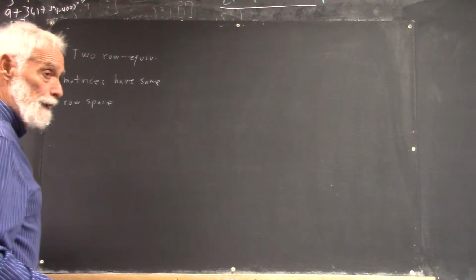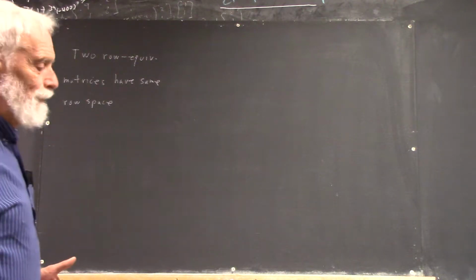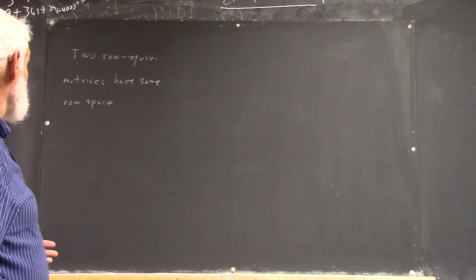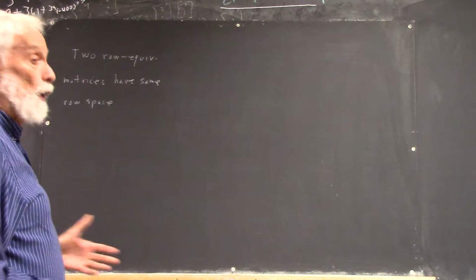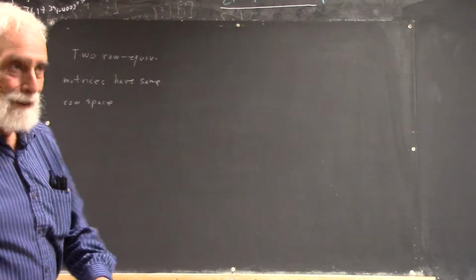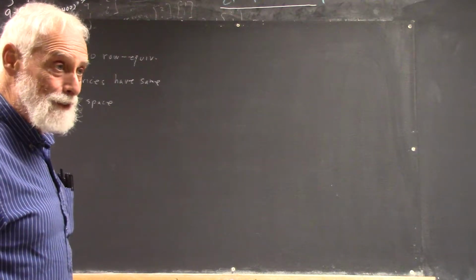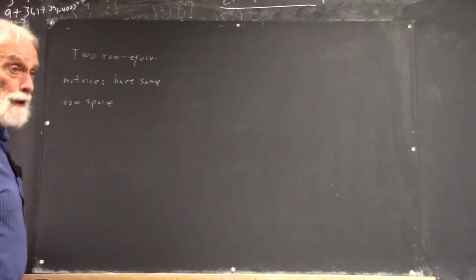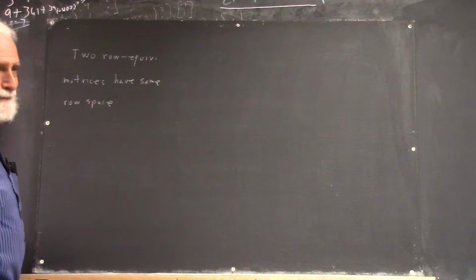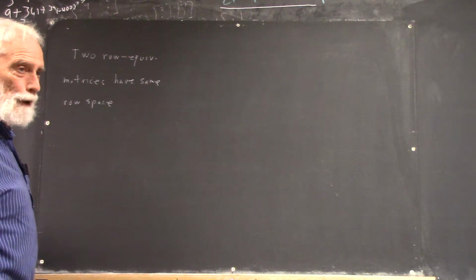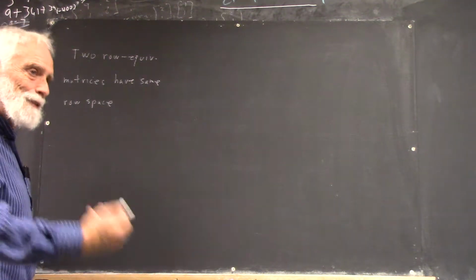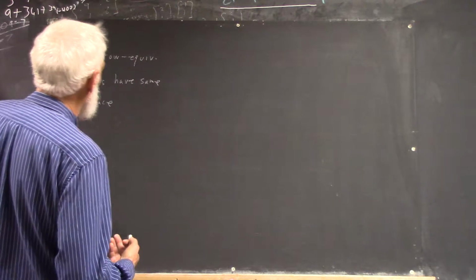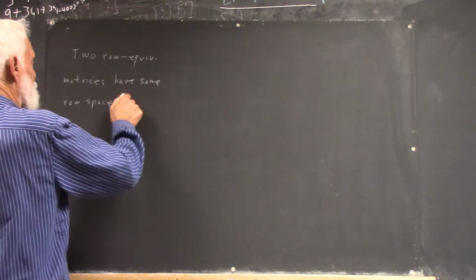We'll talk about why that is. But it just comes down to the fact that the elementary operations don't change the span of the rows, the set of rows. And it's really easy to prove that. It's really obvious when you take the three different row operations and see what they would do to the space spanned by the rows. So two row equivalent matrices have the same row space.